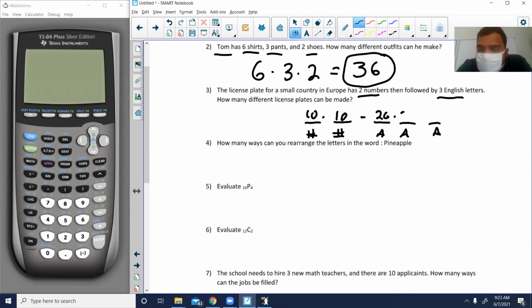So it's going to be 26, 26, 26. So you multiply that all together in the calculator. 10 times 10 times, if you feel cool, you could do 26 to the 3rd power. Either way, it's going to be a big number. Should it be a big number? Yeah, because there's a lot of license plates in the world. It shouldn't be like 100.